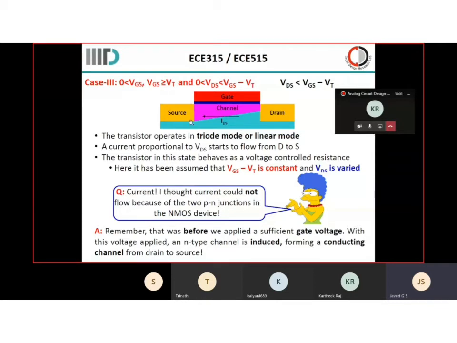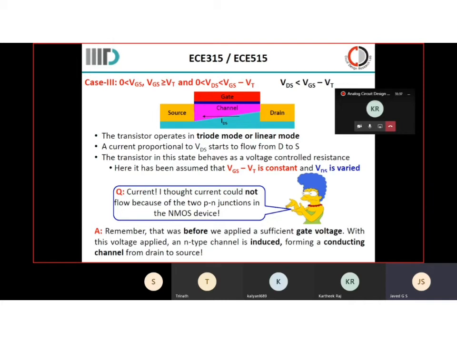So this is typically what we call the linear region, where the amount of current flowing through the device is directly proportional to the VGS minus VT overdrive voltage and to the voltage between the drain and the source. This understanding is important because when you enter the range where you want to make it work in low power devices, you want to have a resistive action, or you want to replace a resistor with a transistor.